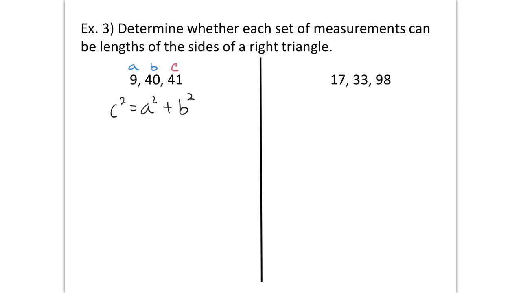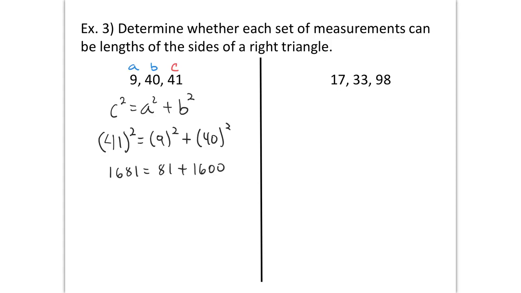So I'm going to substitute into the theorem. And after I substitute the numbers into the theorem, the a, the b, and the c, I'm going to simplify both sides of the equation. Right now, I am not finished, but I just want to show you 41 squared is 1,681. 9 squared is 81, and 40 squared is 1600.